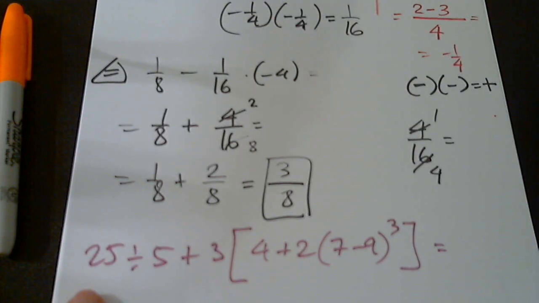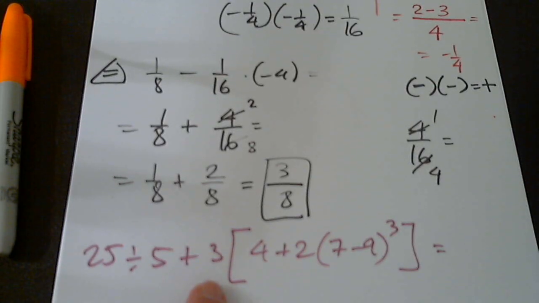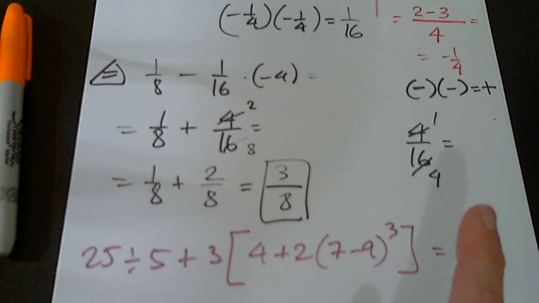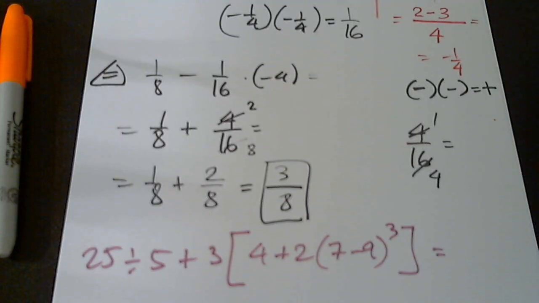So let me read this to you, just to make sure. 25 divided by 5 plus 3, bracket 4 plus 2, parentheses, 7 minus 9 to the third, close the bracket. And put your answer in question 1.